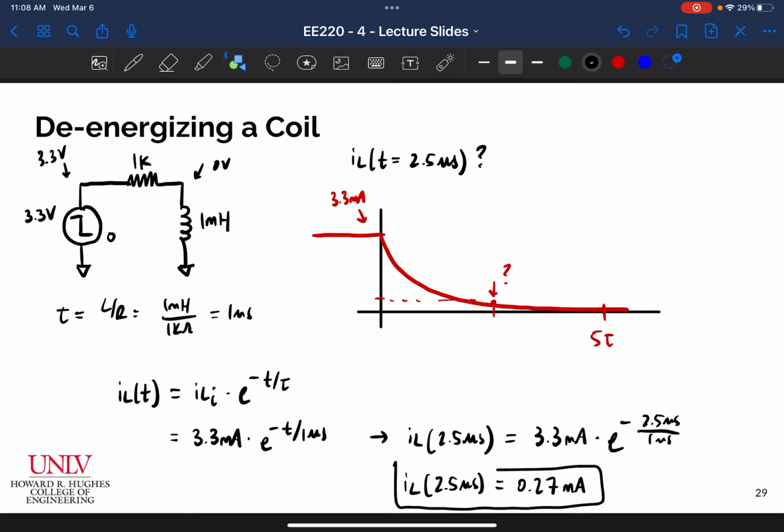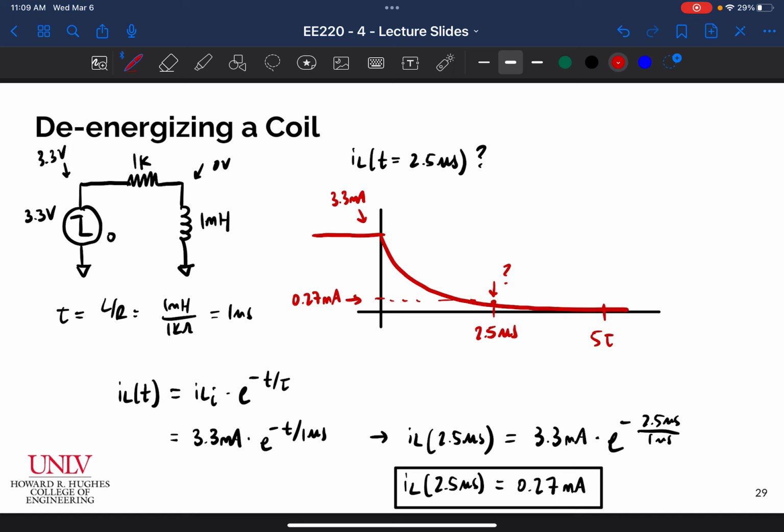And so that means that my current right here, let me go back to my pen, this current right here at time 2.5 microseconds is 0.27 milliamps. Okay, so that does it for this example.